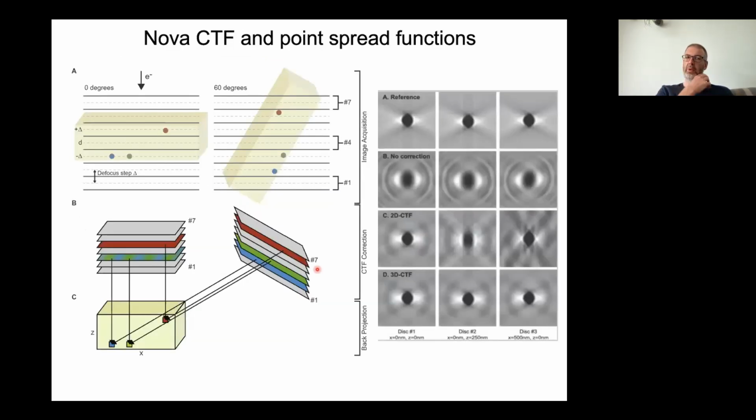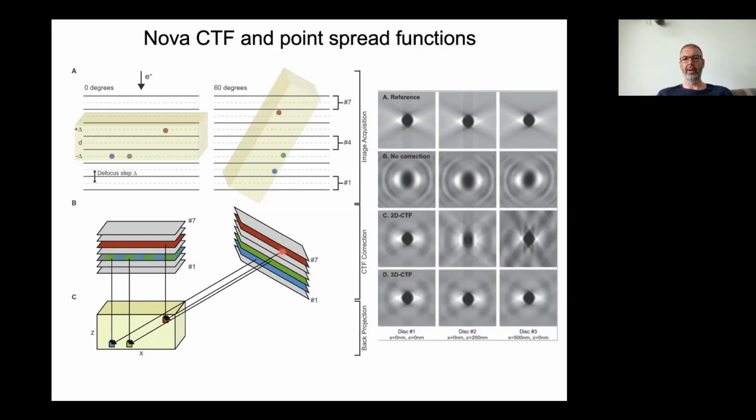There's also a more complicated way to do this, which is what NovaCTF does. Essentially it tries to estimate the height of your objects within the volume, and depending on the height of your objects in the volume, it will take a defocus value.